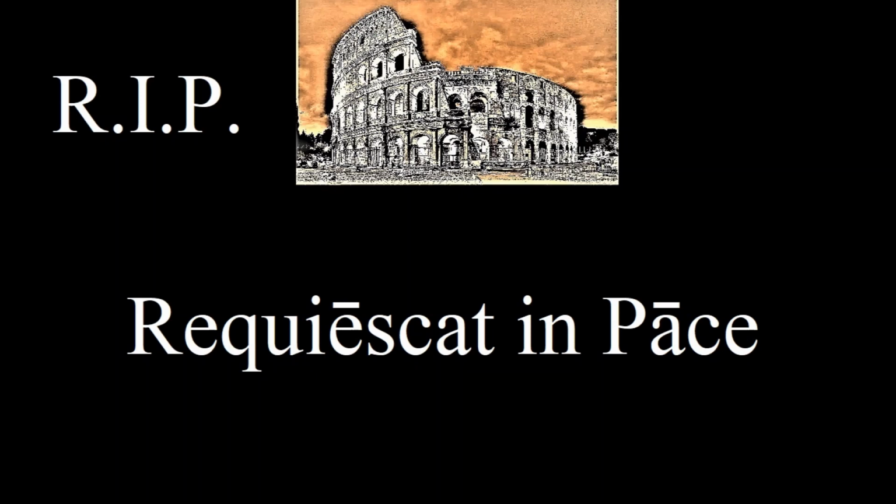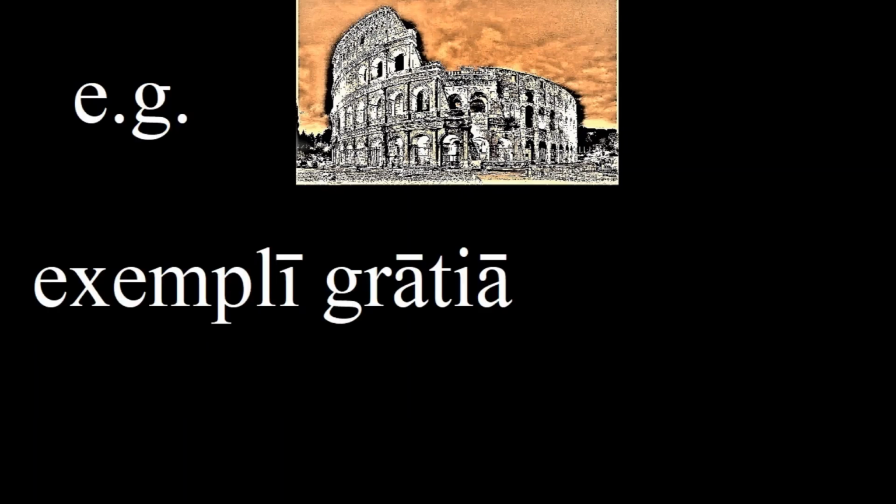The next one is no longer an abbreviation, but originally percent was written like this, and stood for per centum, which means for each 100. Centum is the Latin for 100, which is where the word century, or 100 years, comes from. The next two have similar meanings and are easily confused unless you understand the Latin. The first is e.g., which stands for exempli gratia, for the sake of an example.